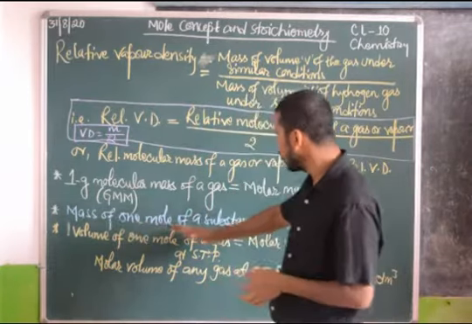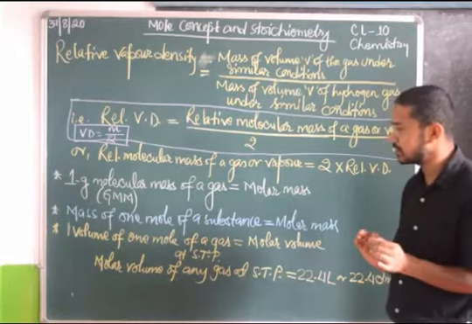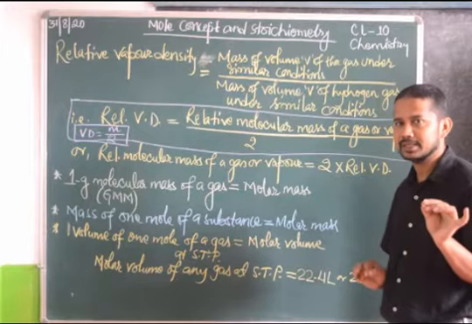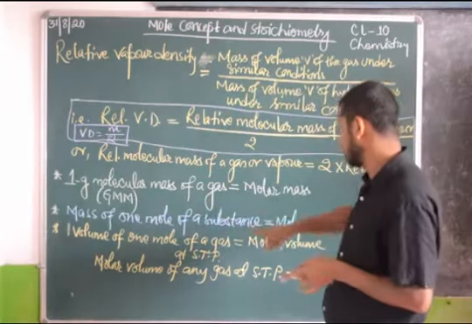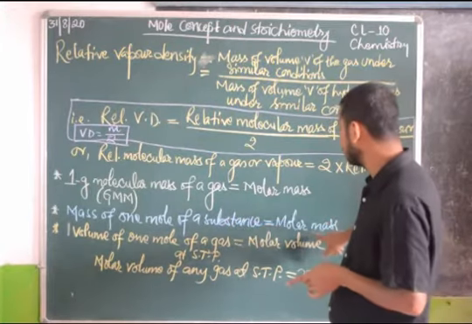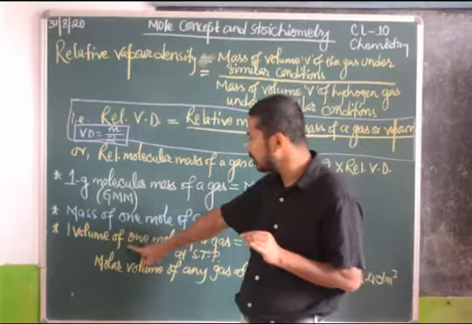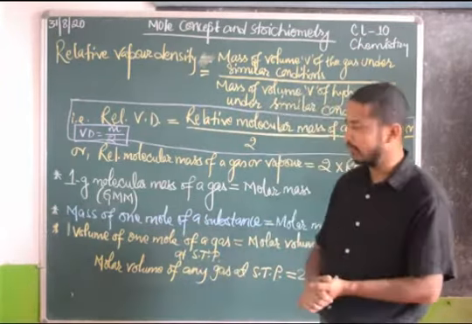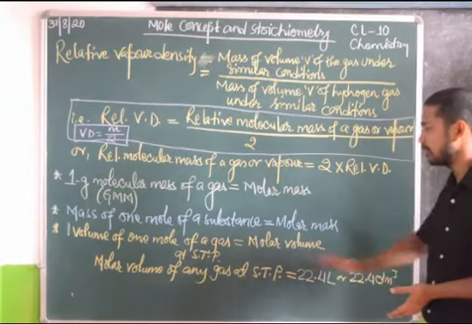So mass of 1 mole of a substance, what is 1 mole? 1 mole is 6 into 10 to the power 23 particles. So mass of that many particles of a substance is called molar mass. And volume of 1 mole of a gas at STP is molar volume.